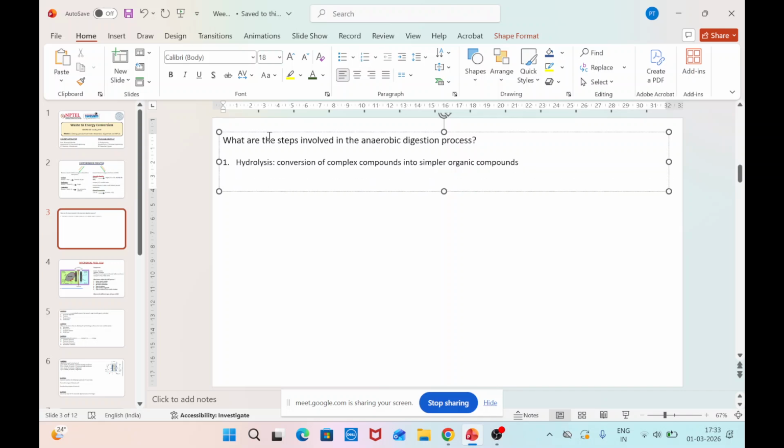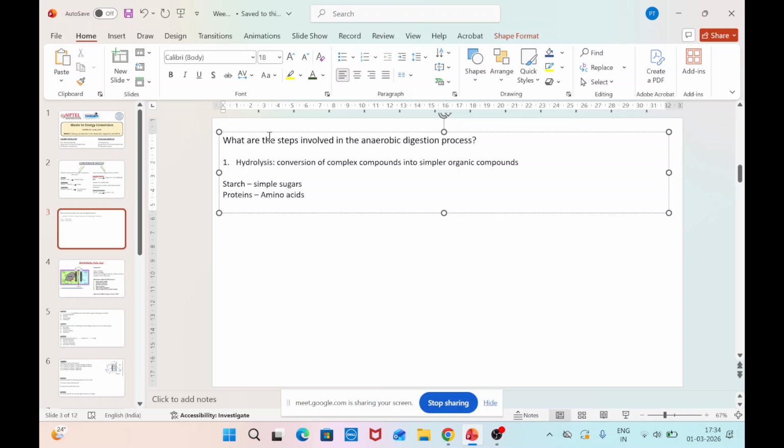For example, if you take starch, it is usually broken down into simple sugars like glucose, the simplest sugar, or fructose or sucrose. And if you take proteins, you have amino acids, because amino acids are the ones that actually form proteins.